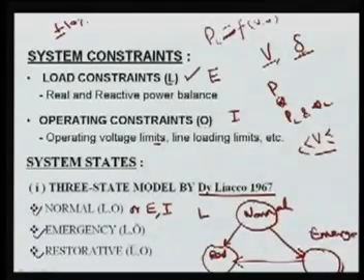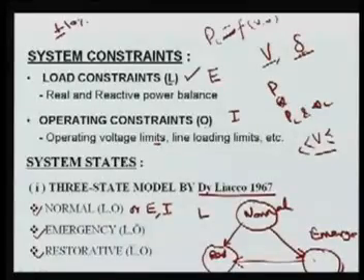Now the question arises: if your system is operating well within limits, with no violation and no problem with the load constraints, meaning your loads are satisfied, then we can say right now we are in the normal state. Now suppose there is one contingency, and that is a critical contingency.